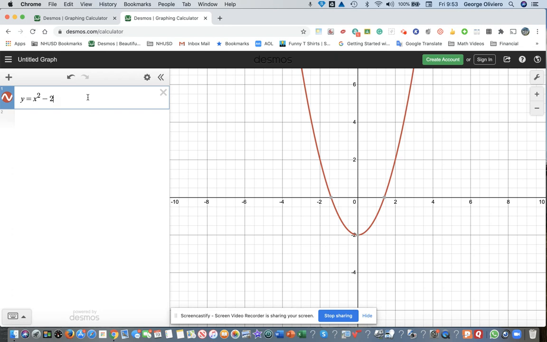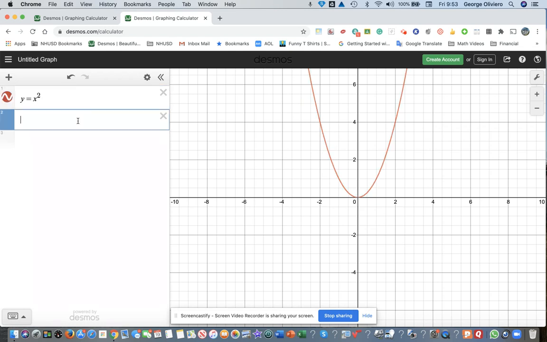So let me go back to the parent, type in a second one, and this is going to be a vertical transformation, x shift 6, 2, and then tab to move away from the exponent, and I'll hit plus 2.